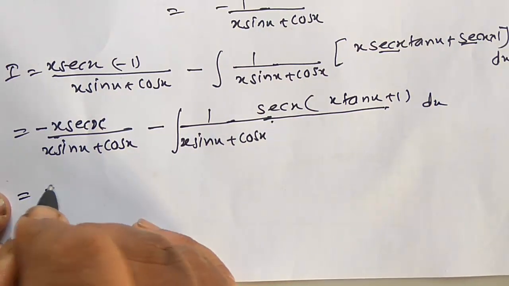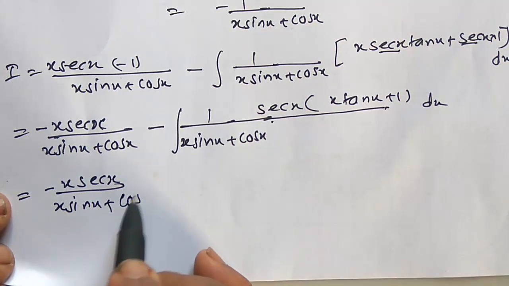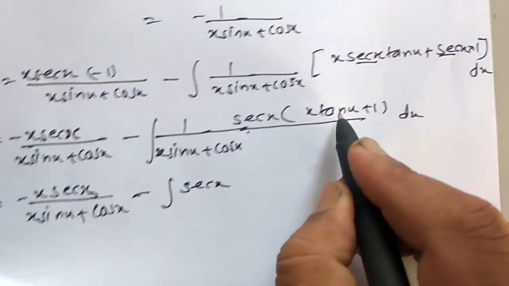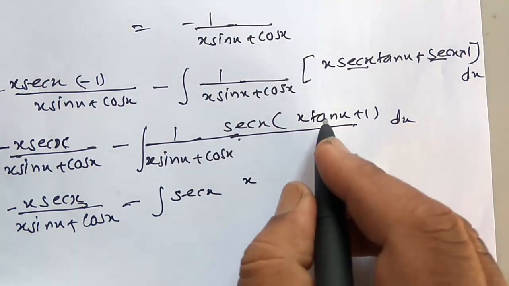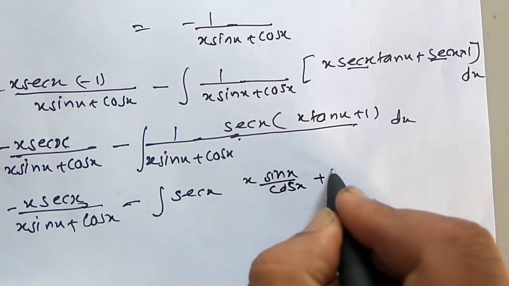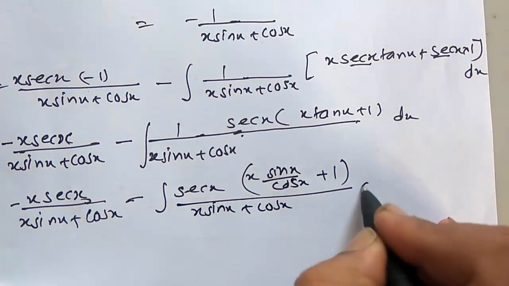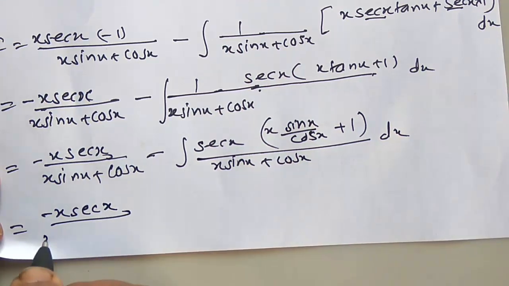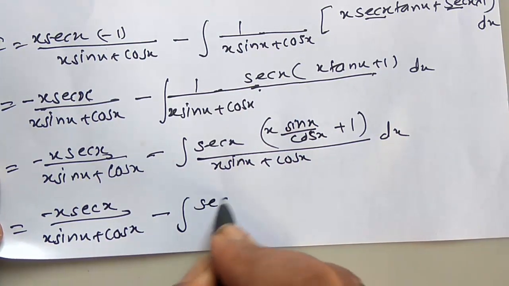dx, equal to minus x sec x upon x sin x plus cos x minus the integral of sec x, tan x meaning sin x upon cos x. So it is x sin x upon cos x plus 1, bracket complete, upon x sin x plus cos x dx, equal to x sec x upon x sin x plus cos x minus sec x.